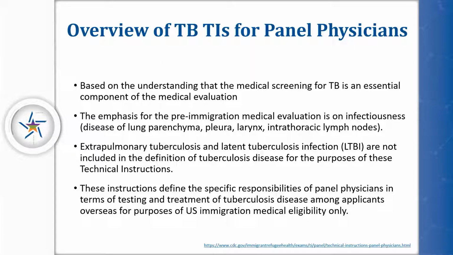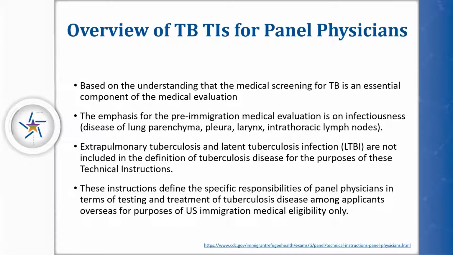So the diseases of the lung parenchyma, pleura, larynx, and the intrathoracic lymph nodes are what is considered tuberculosis disease. Patients who have disease in these particular areas of the body are considered potentially infectious.